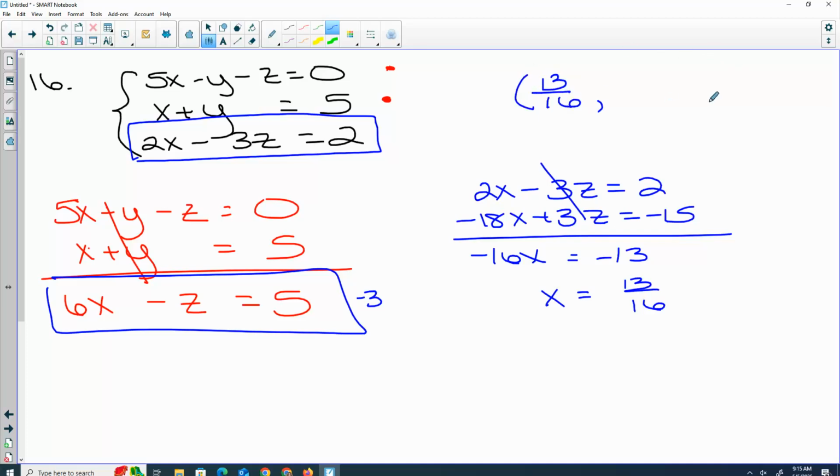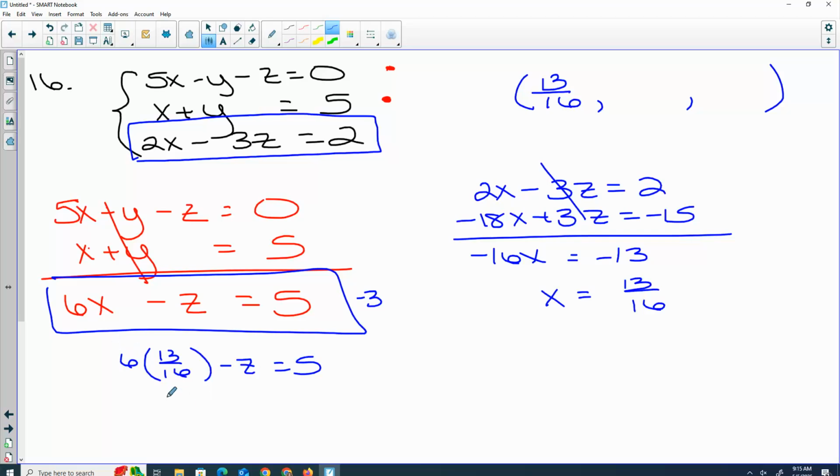So we have x, we have to find y and z. And probably the easiest option is to plug it back into one of these to get our z. So if I just went here, 6 times 13/16 minus z equals 5. Alright, 6 times 13/16.